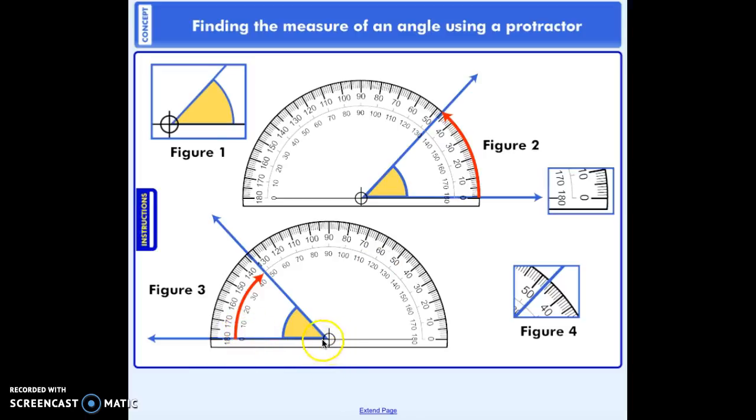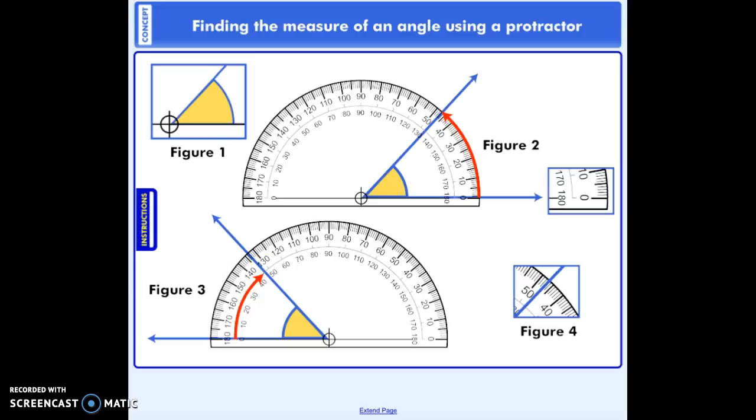I'm going to make sure my protractor is lined up right on this line, that the vertex is right at the center point of the protractor, and then I'm going to go ahead and follow it all the way up. It's going 40, 50. I can see that the 45 is about halfway there. So I'm going to say it's about a 46-degree angle. And that's how you read a protractor.